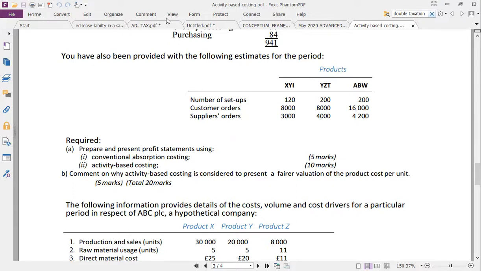So let's set the tone for Brunty PLC. So right here, profit statement. No shortcut to take notes. So that's a profit statement.